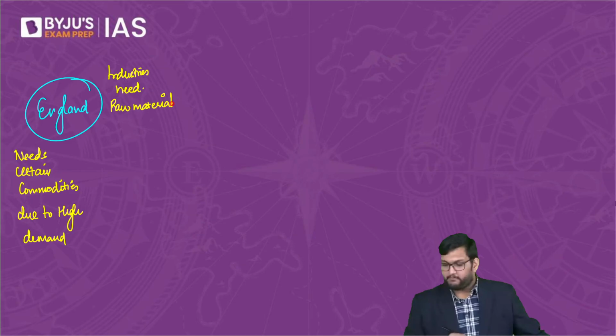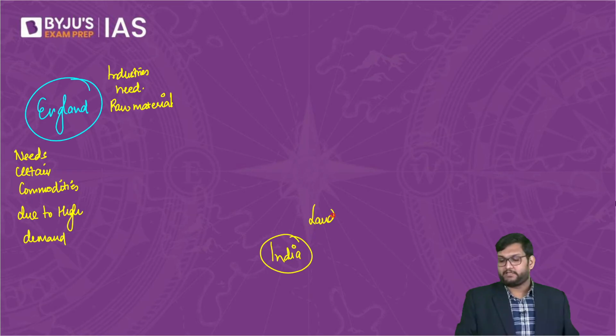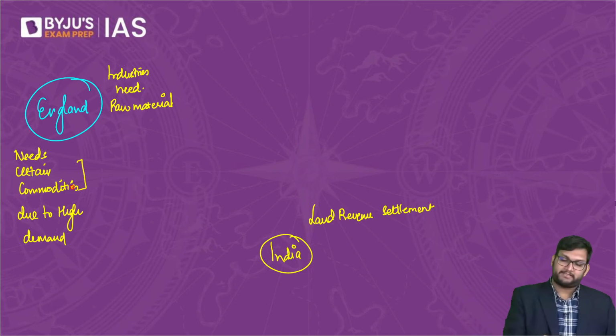And basically in India, land revenue settlements, certain commodities, for example, tea, tobacco, pepper, silk, indigo, opium.